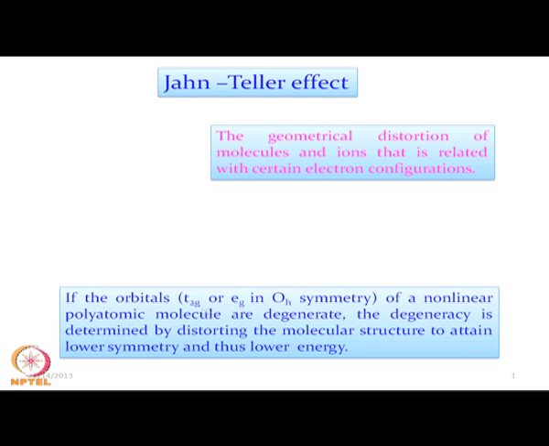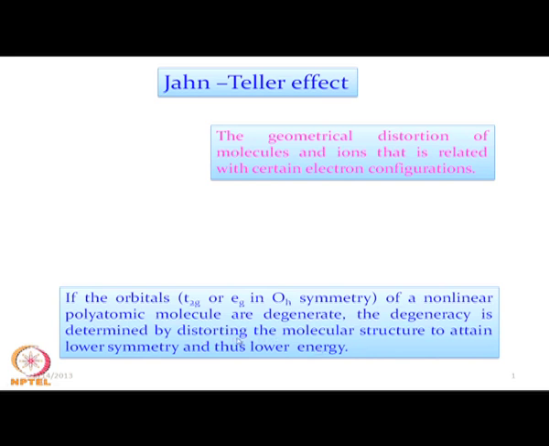That means one is the triplet state, another is the doublet one. Here 3 orbitals are degenerate, and in this case 2 orbitals are degenerate. So, the degeneracy is removed by distorting the molecular structure to attain a low symmetry, that is, a low energy situation.